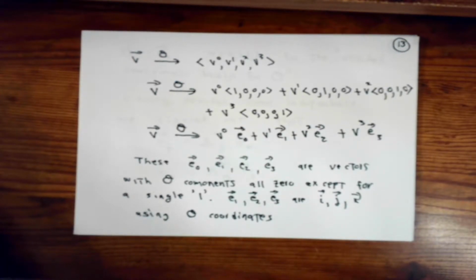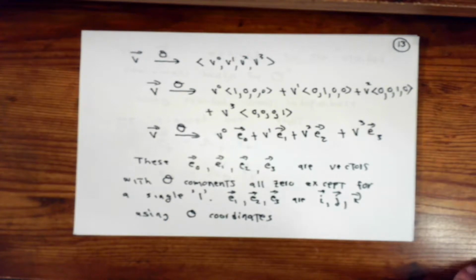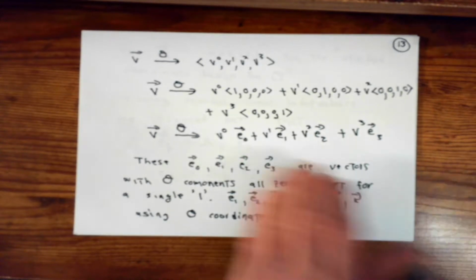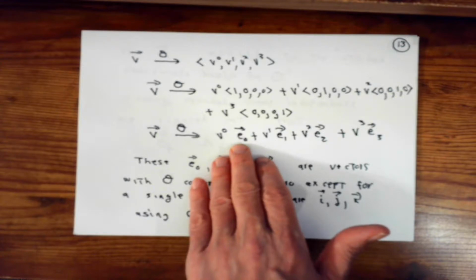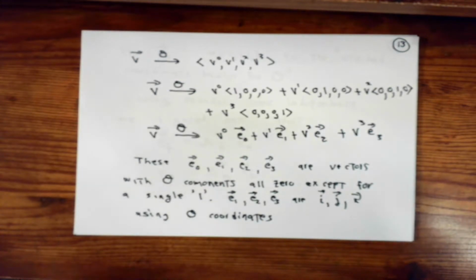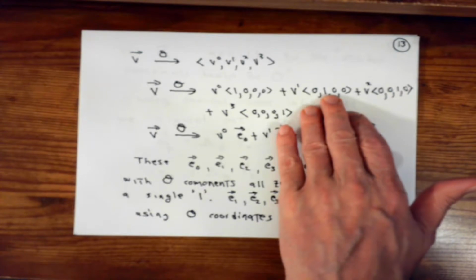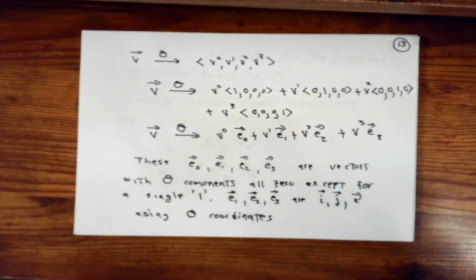As usual, you can think of a set of components like this as being split up into the sum of 4 vectors, and then because of the way we multiply a vector by a number, I could write this as component v0 times basis vector e0, which is 1 in the time direction and zeros every place else, plus v1 times e1. e1 is the basis vector that has a 1 in the x position and zeros any place else, and so on and so forth. e0, e1, e2 and e3 are the standard basis for an inertial reference frame.